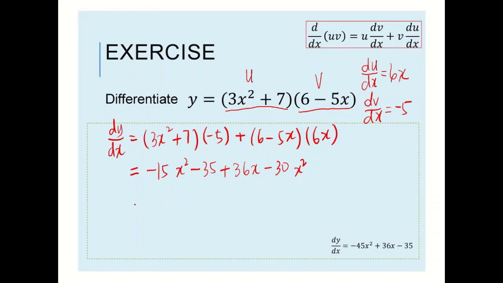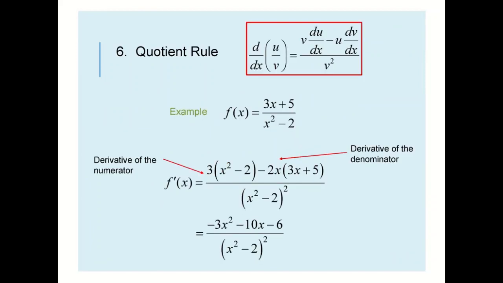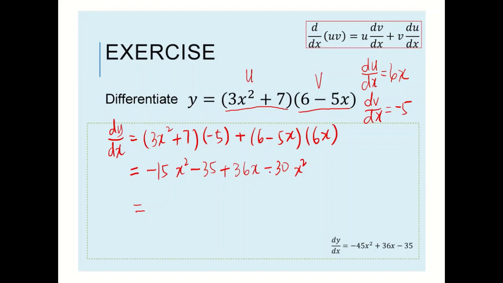When we have a function of x divided by another function of x, we use this formula. The upper function is u, and the lower function here is v.